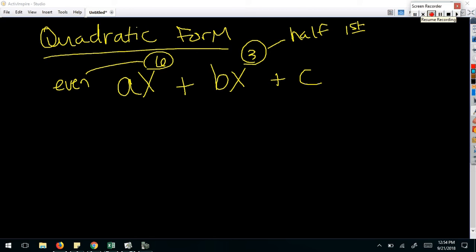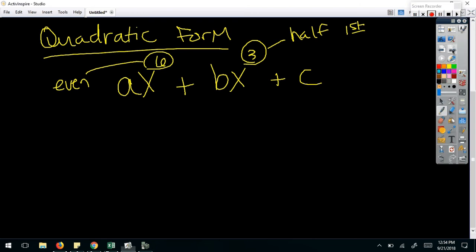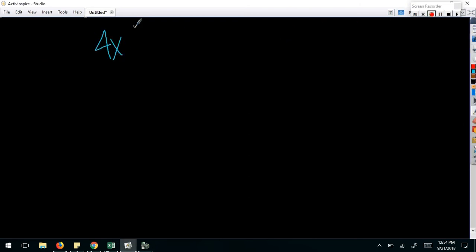Let's do one that's a power of 4. Let's do this one: 4x to the 5th minus 40x cubed plus 36x. Let's factor it.